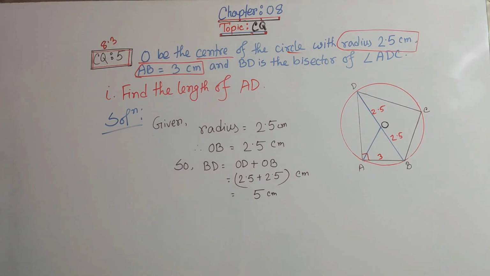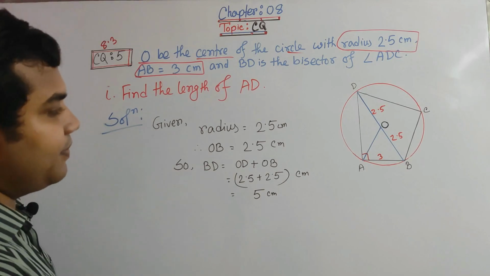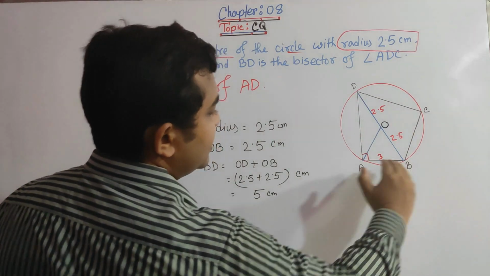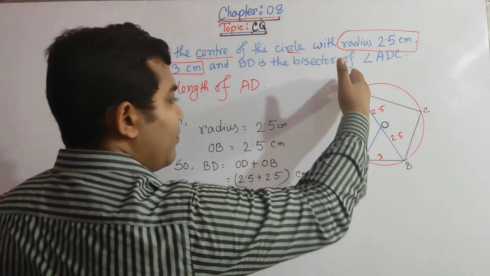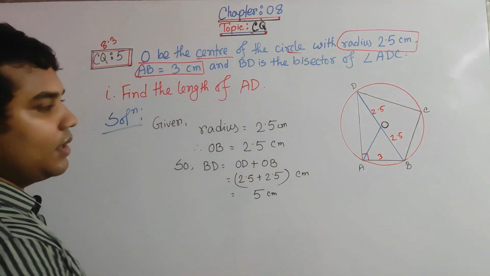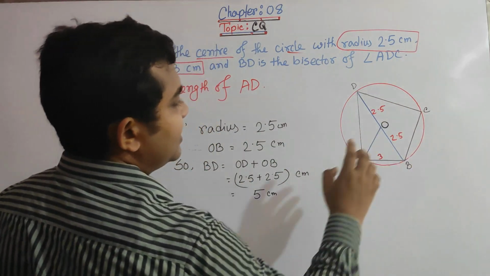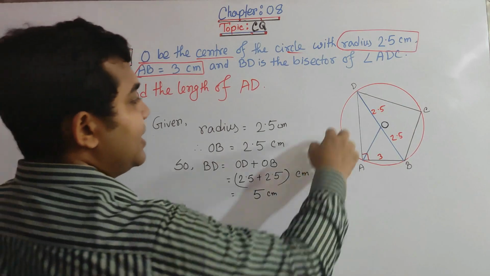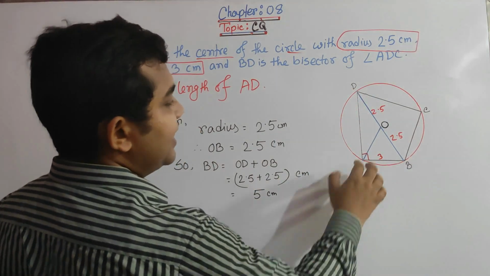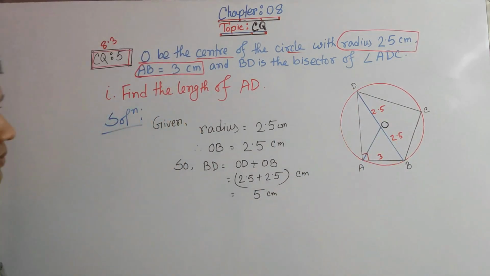Now we go to our main part. This is 5, this is 3, and we need to find the value of AD. Since this is the biggest side, we can say that this is a right angle triangle where this is the hypotenuse.